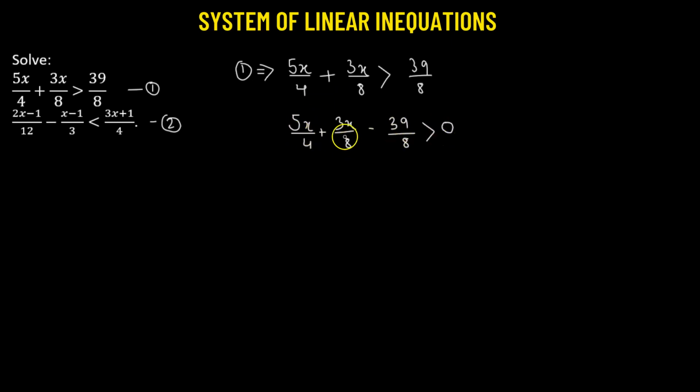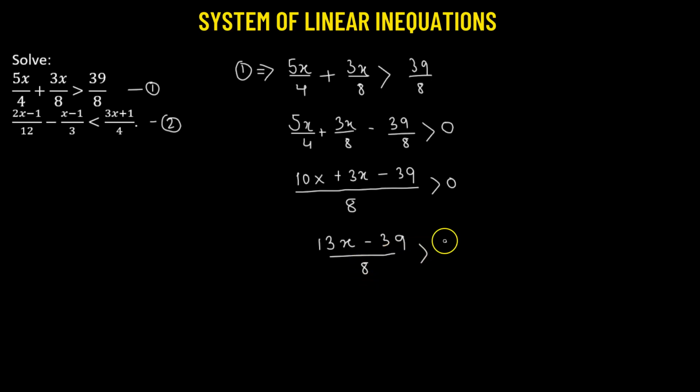Now we'll combine the three terms. We'll take a common denominator, which is 8. So for the first term, the numerator will be 10x, plus 3x, minus 39, and this is greater than 0. So 10x plus 3x is 13x, so 13x minus 39 divided by 8 is greater than 0.